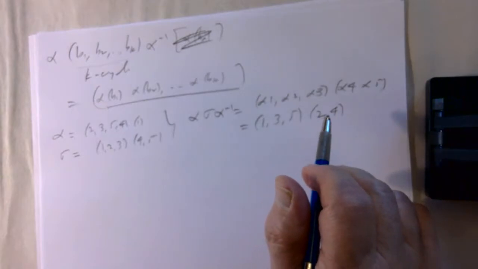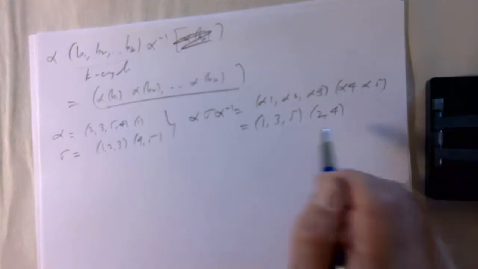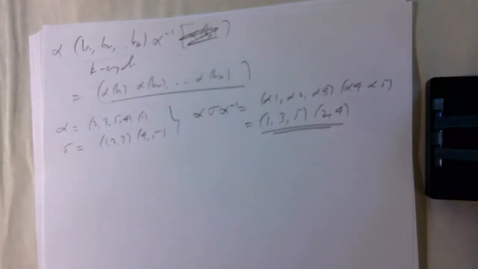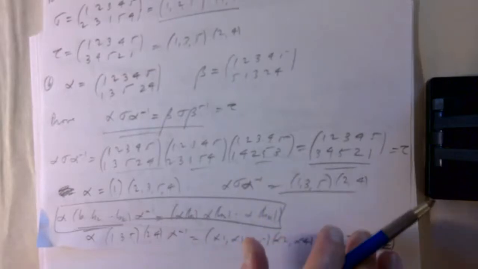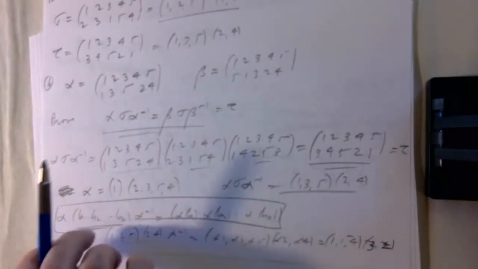So yeah, and that's exactly what I got when I did the calculation just by multiplying the 3 permutations together and getting the result.